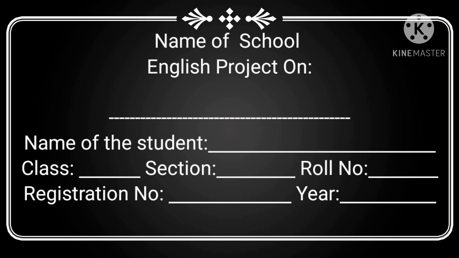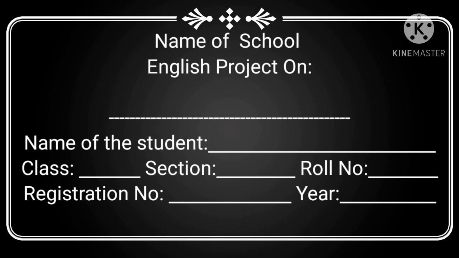All right. Then on the cover itself, you must mention the name of your school, the name of the student, that is your name, followed by class, section, roll number, registration number, and year. So you can put up these details in any order you like. You can just design it according to your liking.